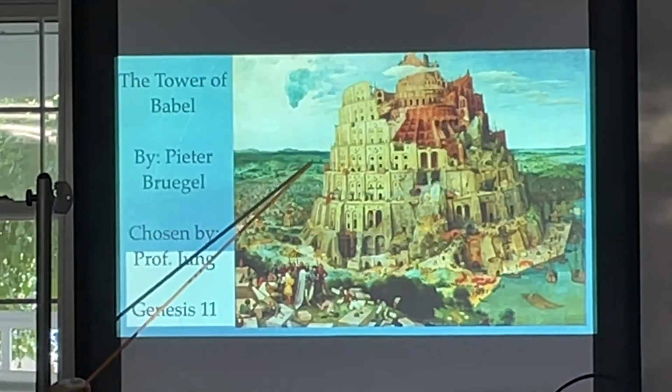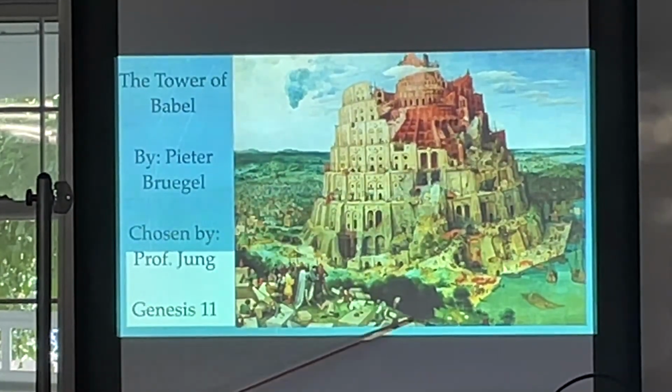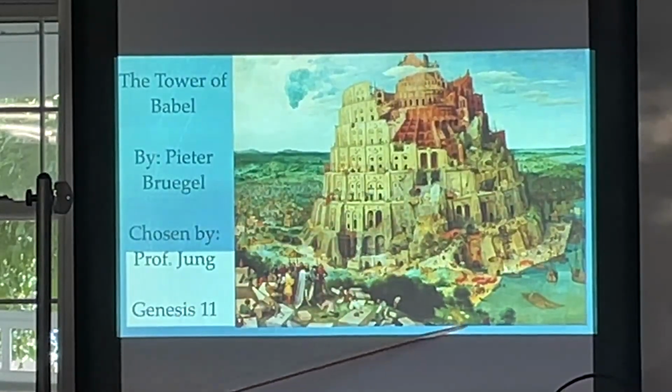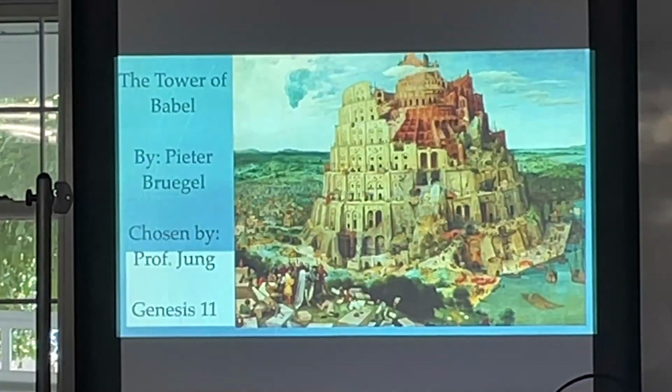Does this look peaceful? No. It looks very chaotic. It's a harbor too, I never thought of it as being near the water where they could bring in building supplies. Yeah, it's possible. Okay.